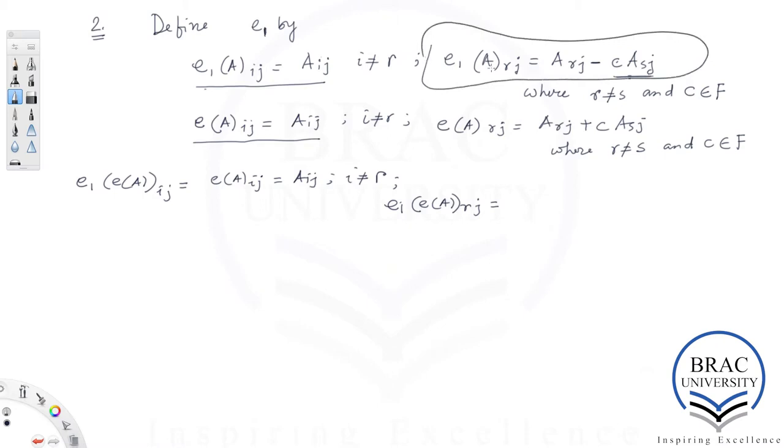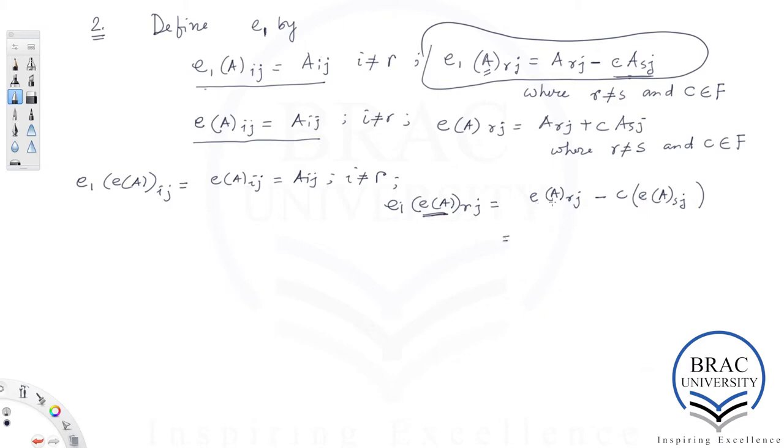So we're just replacing A with E of A. Okay, so everything here should be replaced with E of A. So it's going to read E of Arj, minus C times E of Asj, from the definition of E1, okay, for the second type.